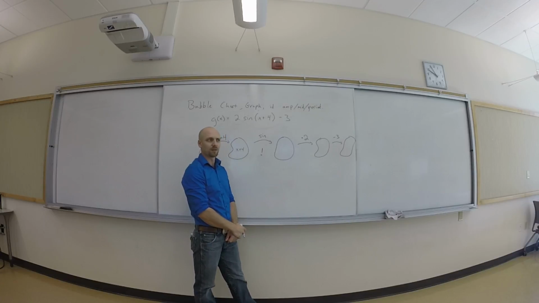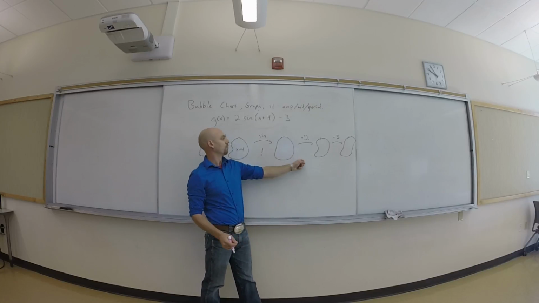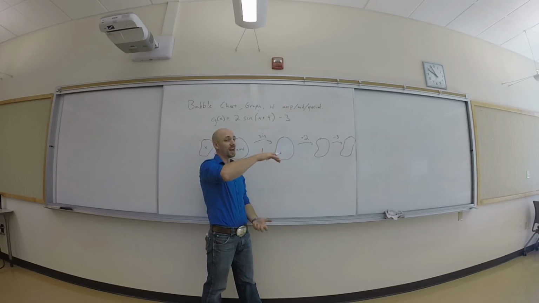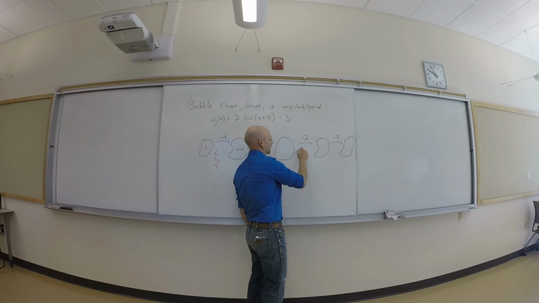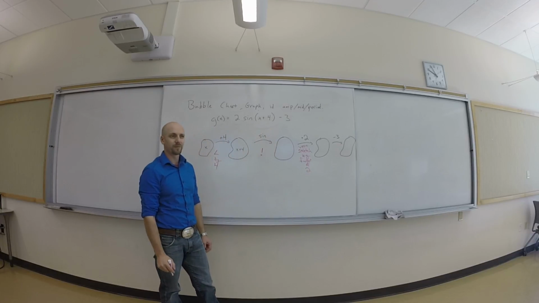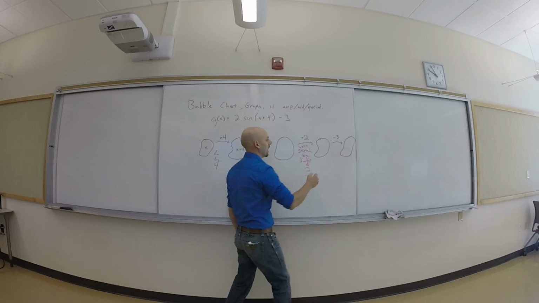Good, that's after the rule, so that's a stretch by a factor of 2. Wait, which kind of stretch is it? Vertical. Good, it's a vertical stretch by a factor of 2. Okay, then what's the minus 3 do? That's a down 3.